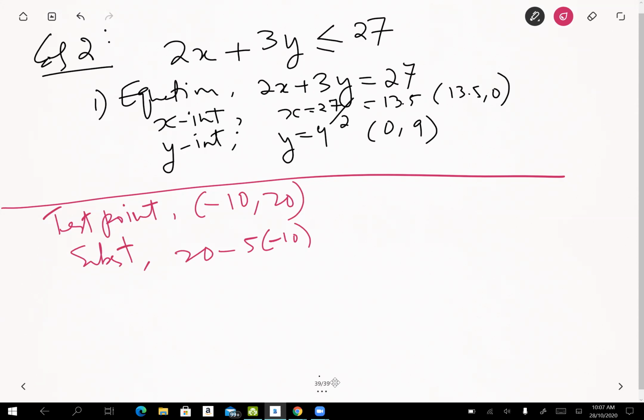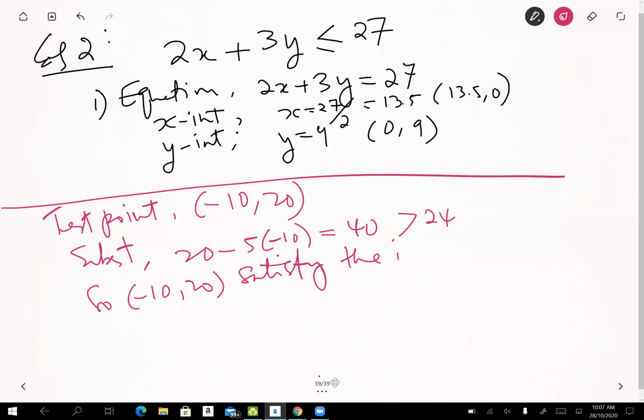So here you get 20 plus 40, all right? And that is, of course, bigger than 24. So that point, negative 10, 20, satisfies the inequality.